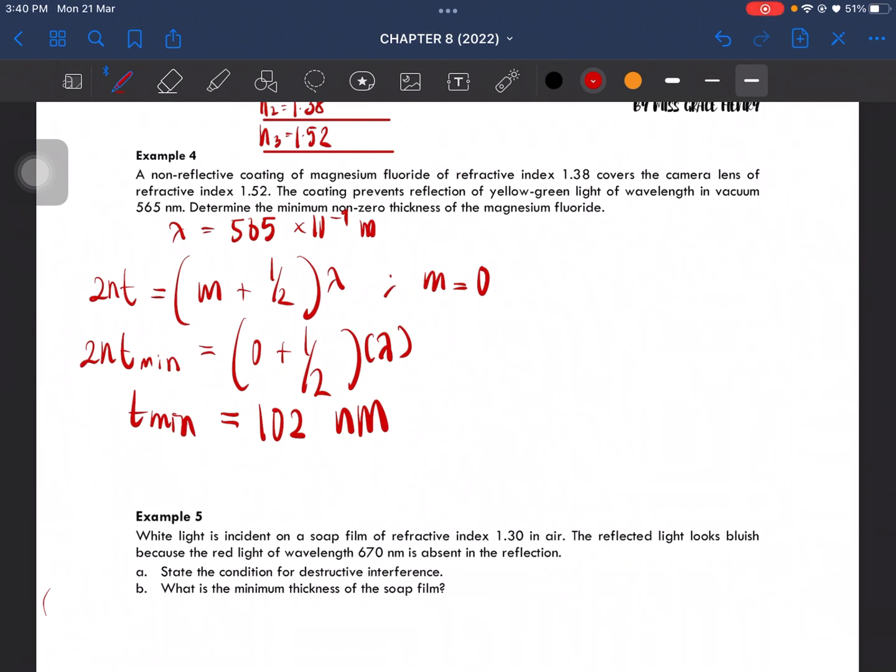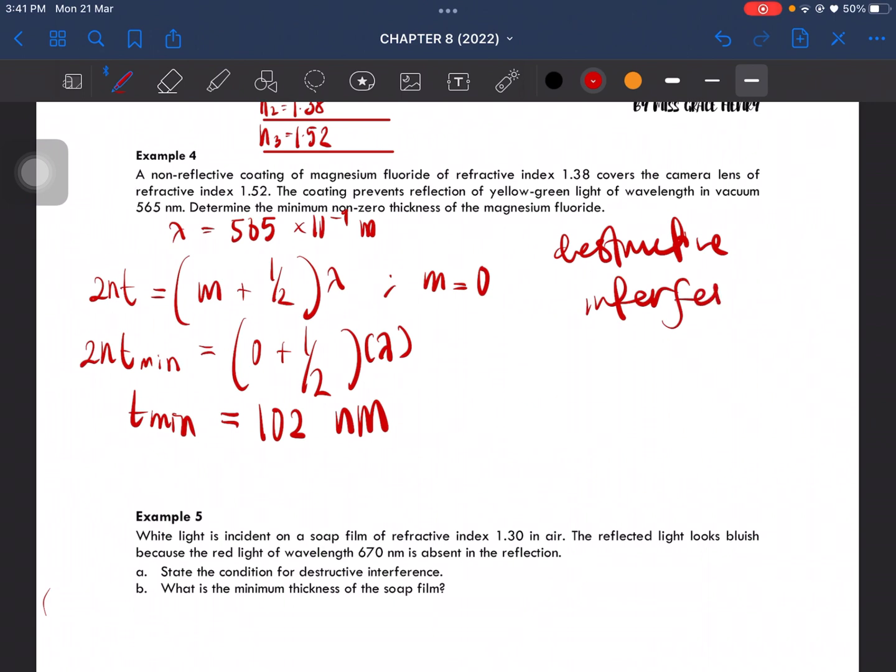So it can reflect this yellow green light more. So to limit these reflections, the lens are coated with this magnesium fluoride. This coating of magnesium fluoride limits this reflection and causes what we call destructive interference. Okay, so I'm going to write here: destructive interference.